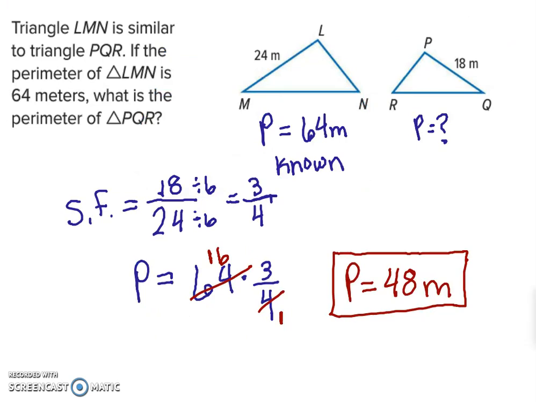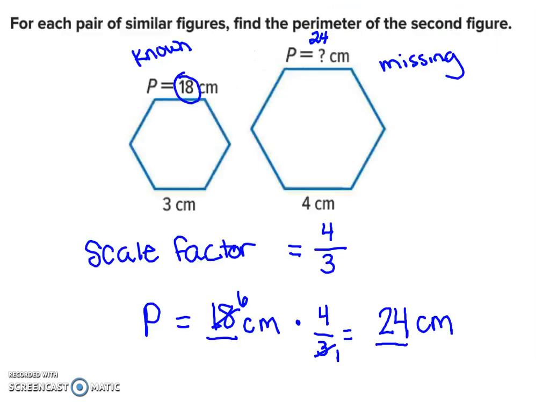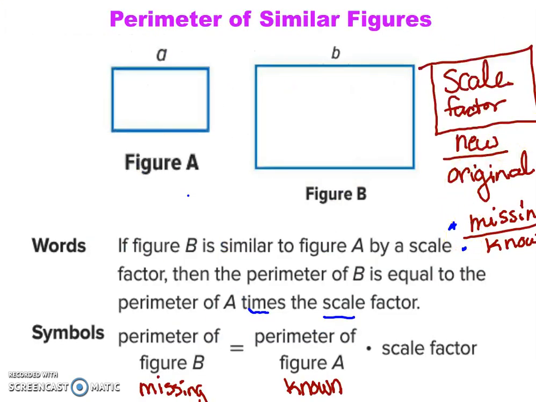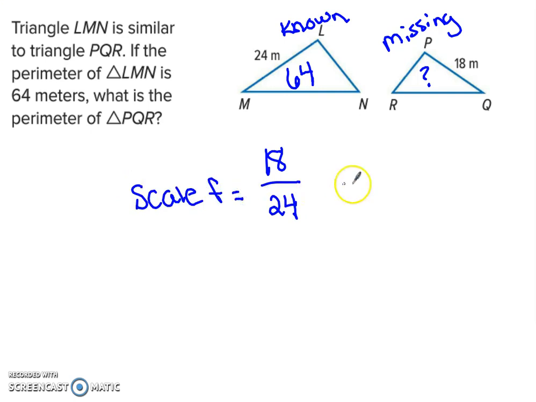Alright, next one. Triangle LMN is similar to triangle PQR. If the perimeter of LMN is 64, what is this one? So this is our known. This is our missing. Remembering that we're going to do missing over the known. So our missing is 18, our known is 24. This is our scale factor. I want to reduce this down. They can both be divided by 6, so 3/4 is my scale factor.